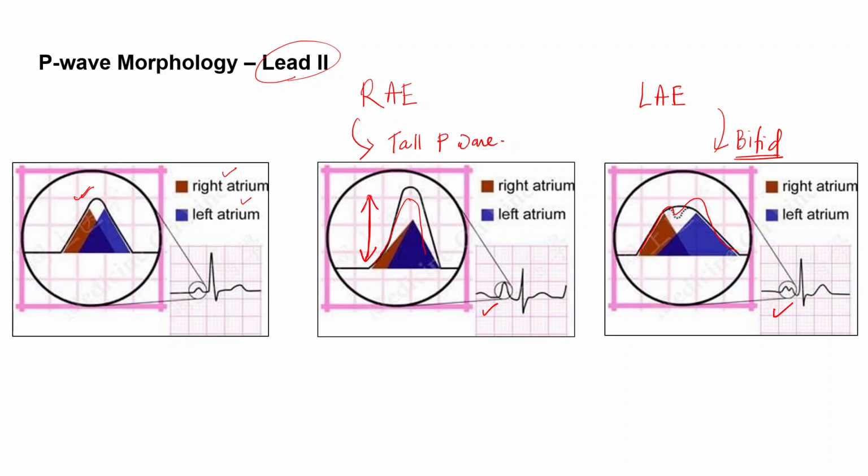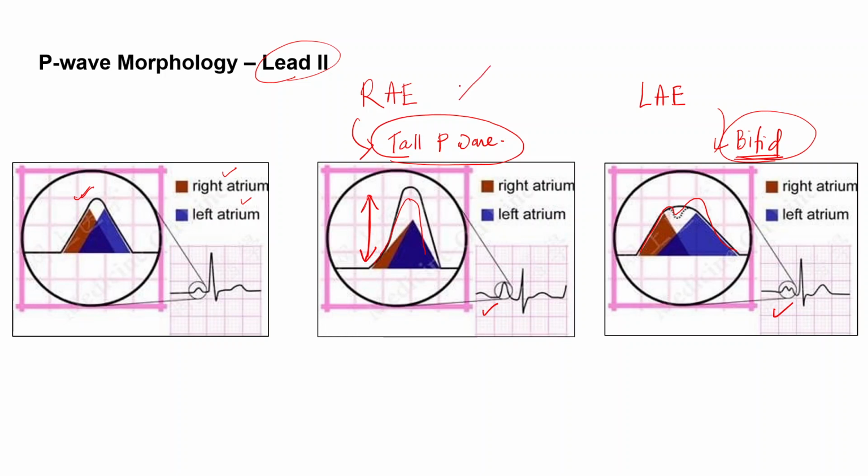Whenever there is a right atrial enlargement, the initial depolarization will be prominent, so there will be a tall wave, and the left atrial depolarization will be masked inside that. But whenever there is a left atrial enlargement, the right atrial depolarization part will be there, followed by a significant left atrial depolarization. That's why there will be a bifid P wave. So you'll get a tall P wave in right atrial enlargement, and a bifid P wave in left atrial enlargement.